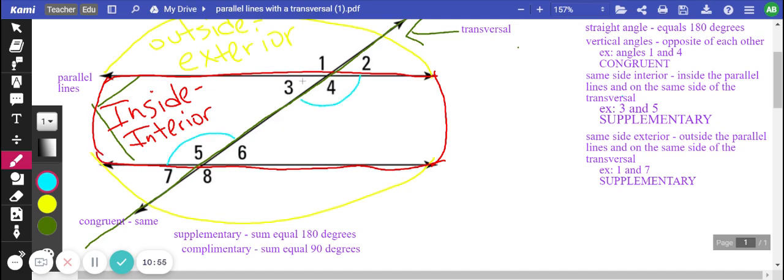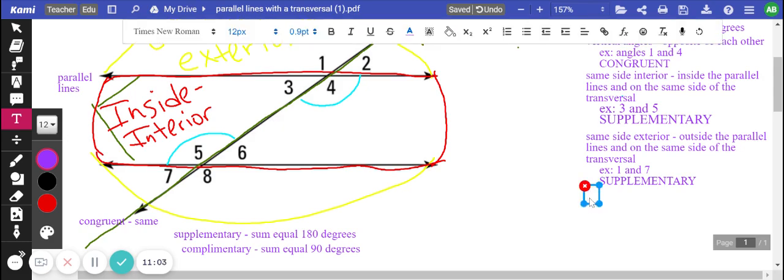These are on the opposite sides of the transversal, or we can say that they are alternate. That is the name of the angle. Alternate. And now are they on the inside of the hamburger patty or the outside? They're both on the inside, so it'd be alternate interior angles.